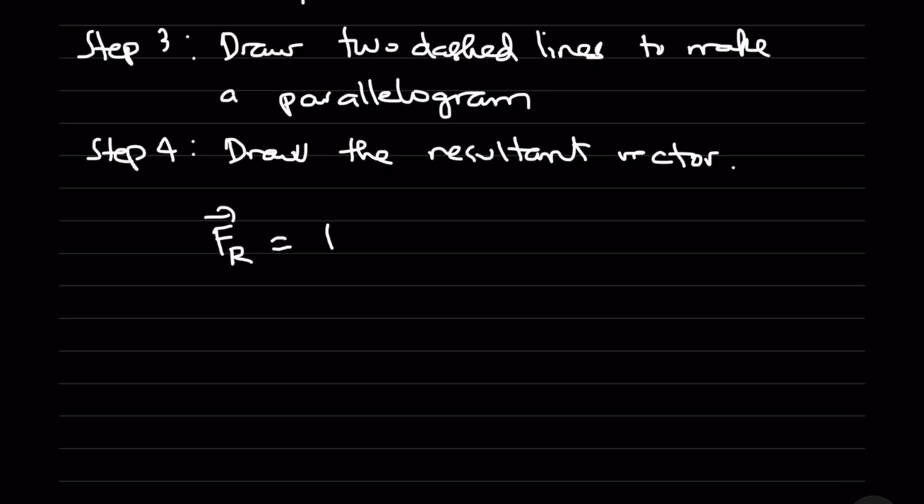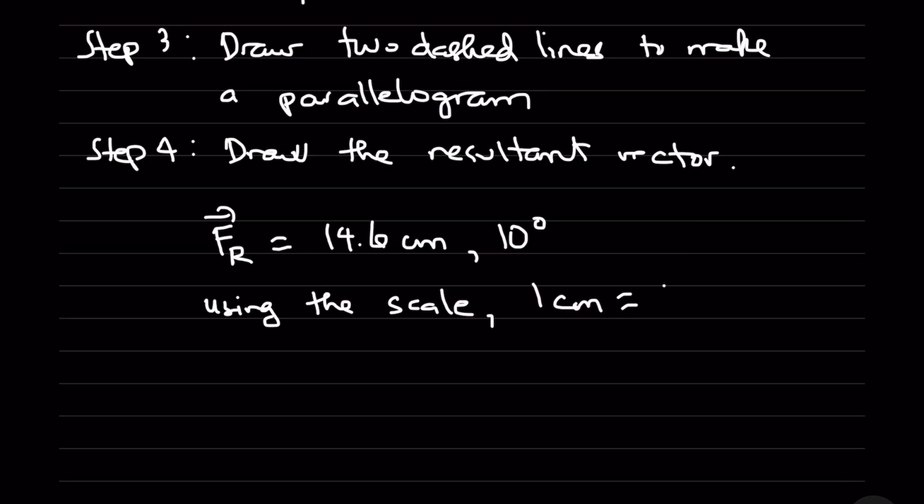After drawing the resultant vector, you use your ruler and protractor to measure the length of the arrow that corresponds to the resultant vector, as well as the angle that it makes with the positive x-axis.